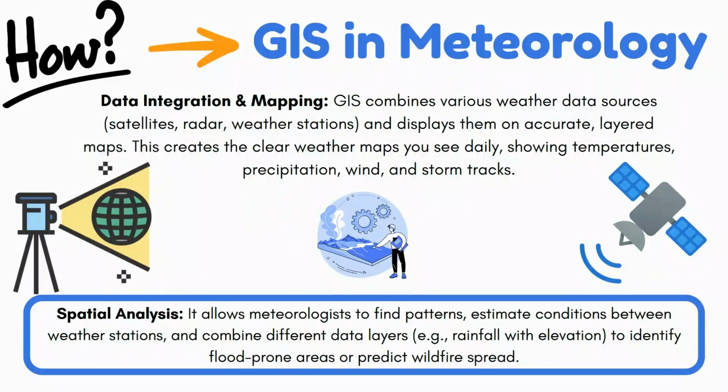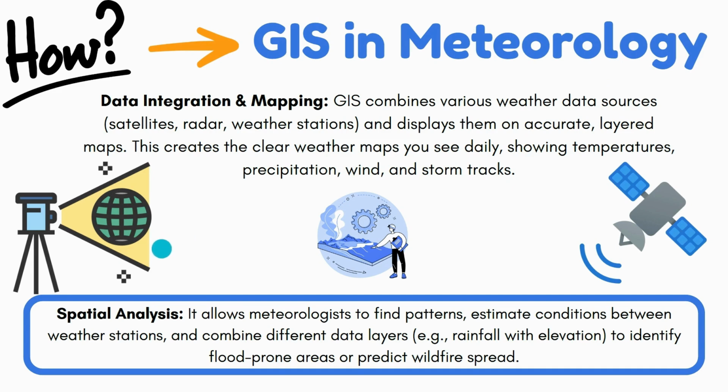So, how does GIS work in meteorology? They use it for data integration and mapping, which means GIS combines various weather data sources from satellites, radar, or weather stations and displays them on accurate layered maps. And this creates the clear weather maps you see daily, showing the temperatures, the precipitation, whether it's snow or rain, wind and storm tracks.